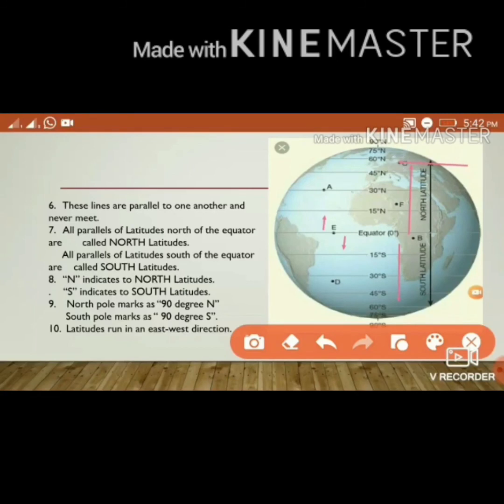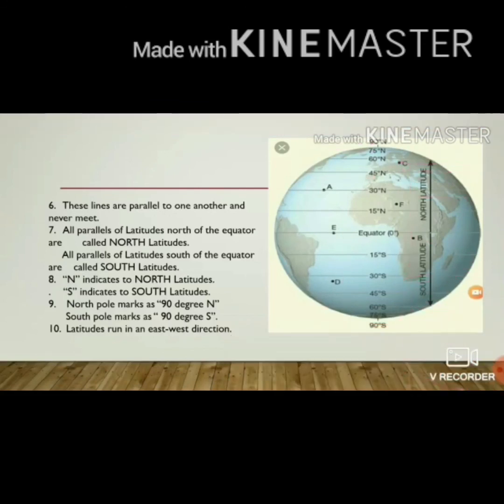Then children, the north pole is denoted by 90-degree north latitude, and the south pole is denoted as 90 degrees south latitude. And remember children, all these latitudes run from east to west direction. What did I say? All these latitudes run from east to west direction. Any doubt till here? Okay, moving on to the next.